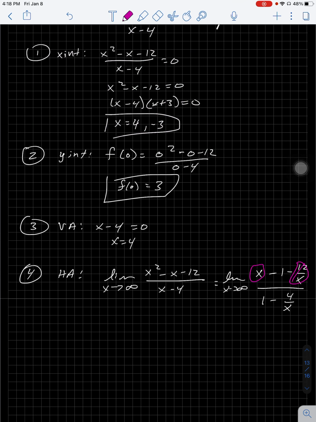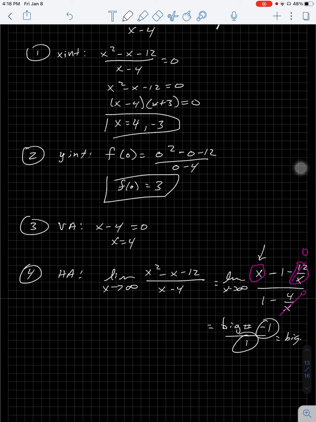So these guys are going to 0 because 4 over infinity is 0, 12 over infinity is 0. And so what I'm left with is, if x is really big, then this is going to be a really big number. That's my x value, minus 1 over 1, which is a really big number, right? Because if you subtract 1, that doesn't really do anything to a million.